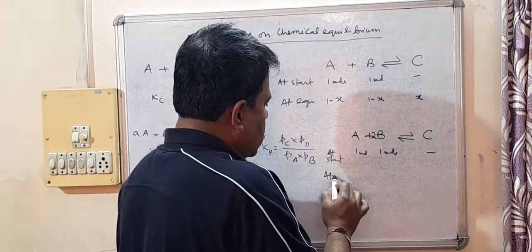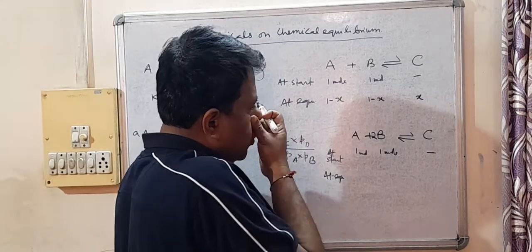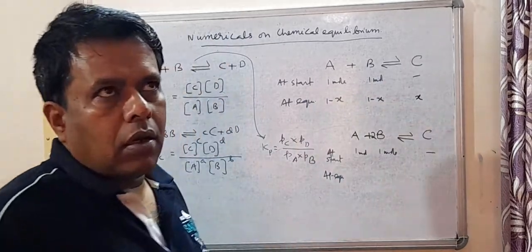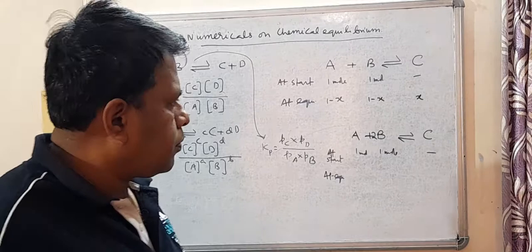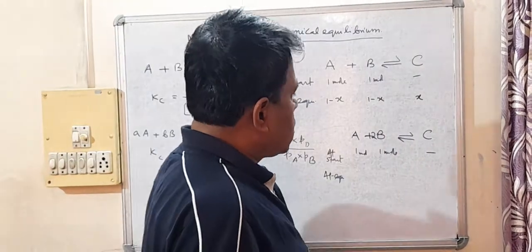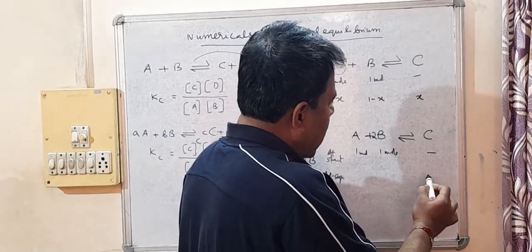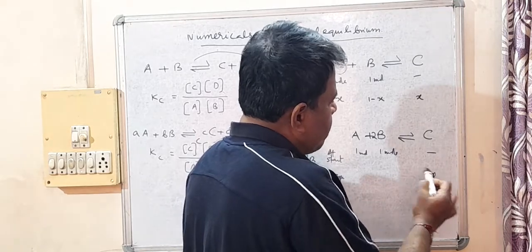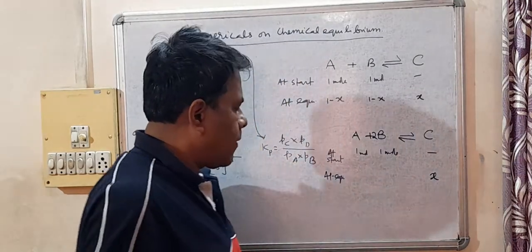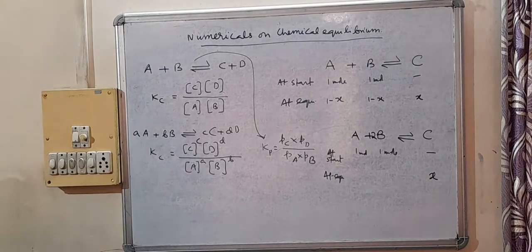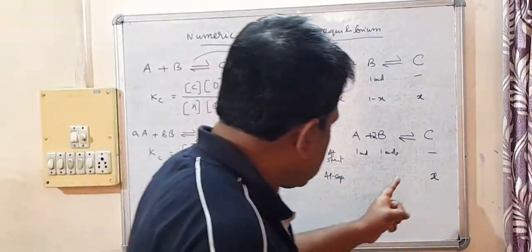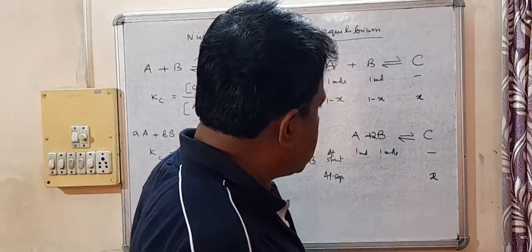At equilibrium, what will be the moles of reactants and product? Suppose x mole of C is produced at equilibrium.